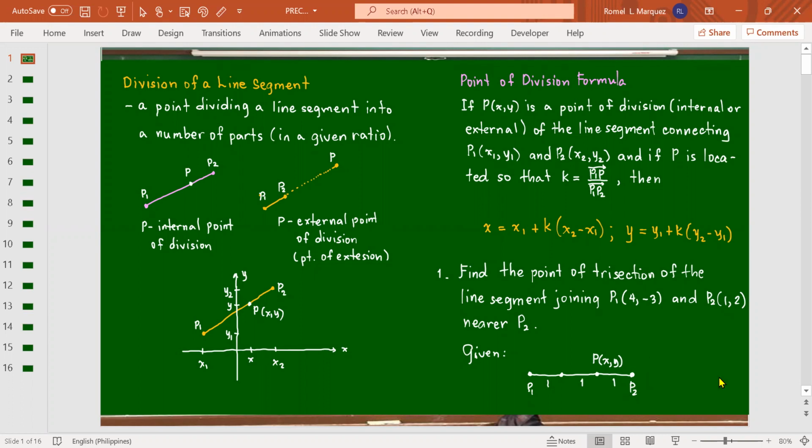Whatever is convenient. Okay, guys? So if each is 1 part, what is the directed distance from P1 to P2, no? From P1 to P2, 3. So we'll be able to form the K, no? By the way, we're looking for the point of division P, coordinates X, Y.